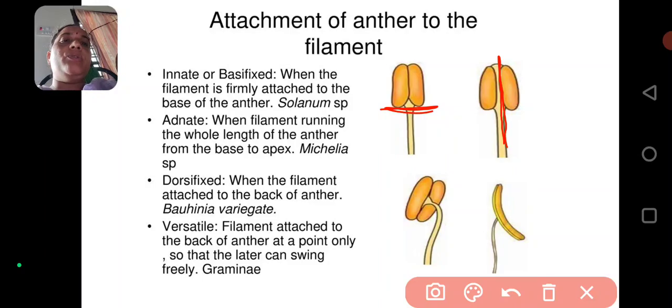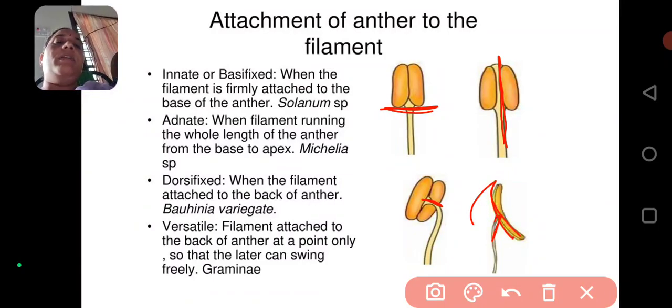Next one is dorsifixed. The filament attached at the back of the anther. Versatile, the filament attached at the back of the anther at a particular point only, so that the anther can swing freely. This type of anthers are called as versatile.